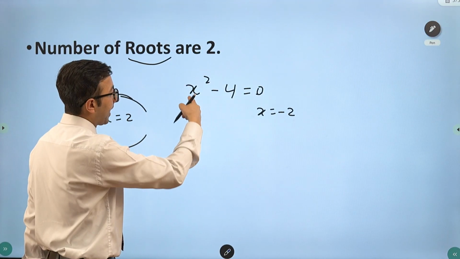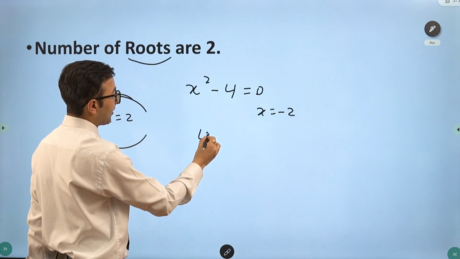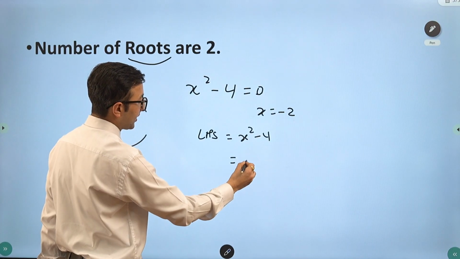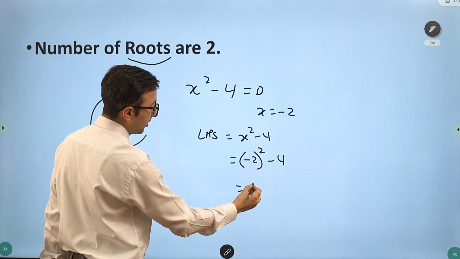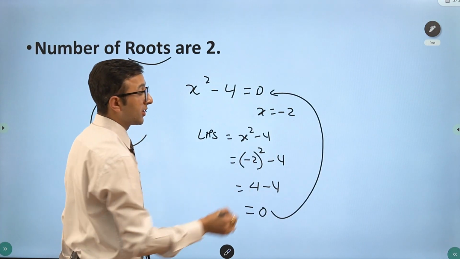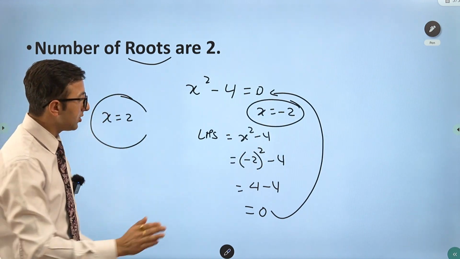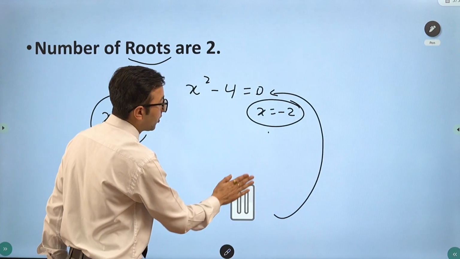In place of x, put this value minus 2. Look at the left hand side. It gives us x square minus 4; in place of x, put minus 2 whole square minus 4. It gives us 4 minus 4. Again we are getting the right hand side, that is 0. It means that x equal to minus 2 is also another root of the quadratic equation.